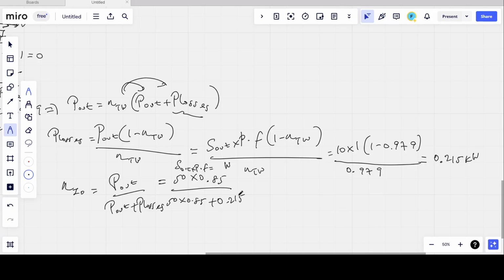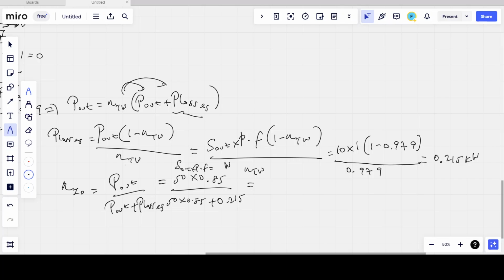0.215. So now let me take my calculator and find this efficiency. It's 50 times 0.85, divided by 50 times 0.85 plus the losses, which is 0.215.